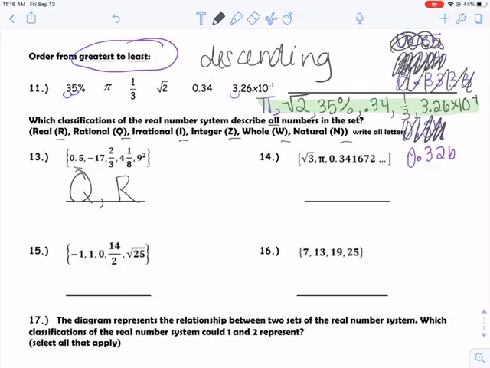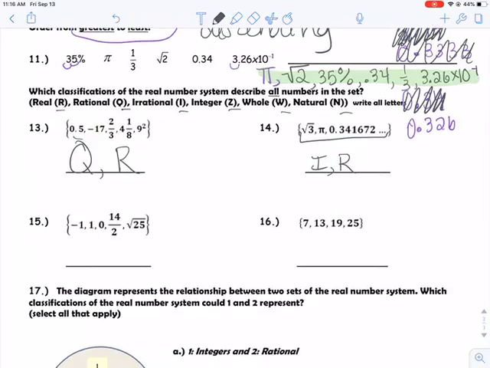For the next one, we can already see a square root of 3, so are they all irrational? And they are. Irrational numbers don't end, and they don't repeat. So that's going to be irrational and also real. Looking at number 15, this would be -1, 1, 0. Remember this, 14 over 2 is 7.